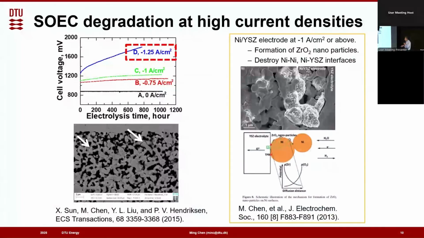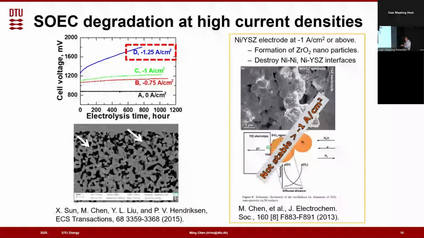And if we look at the fracture cross-section, we can see why it detached, because on the nickel surface they form a lot of these nanoparticles, which push nickel away from each other, destroy this nickel percolating network and hinder the electron transfer. And so the cell is not able to operate at higher current density.